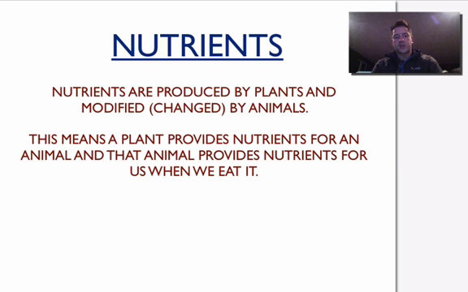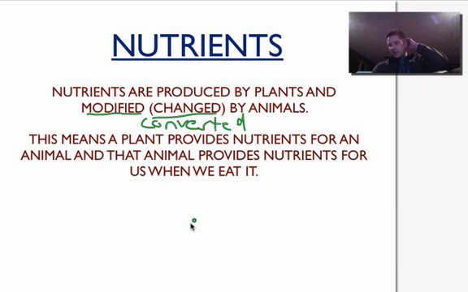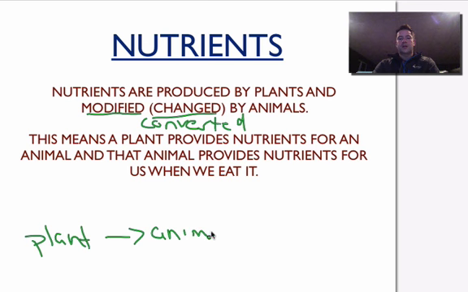So what are nutrients? Nutrients are things that are produced by plants, but then they're modified or changed, or we could say converted, by animals. So that means basically that if the plant grows and then it's consumed by an animal, we're actually passing along nutrients where that arrow is.